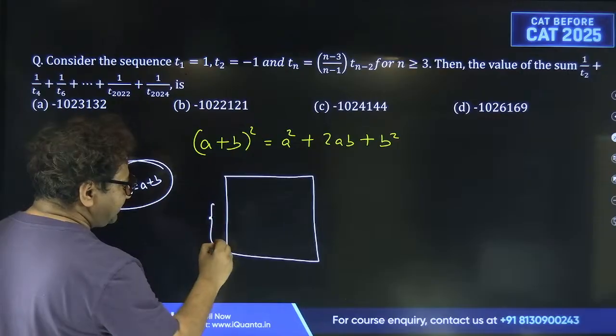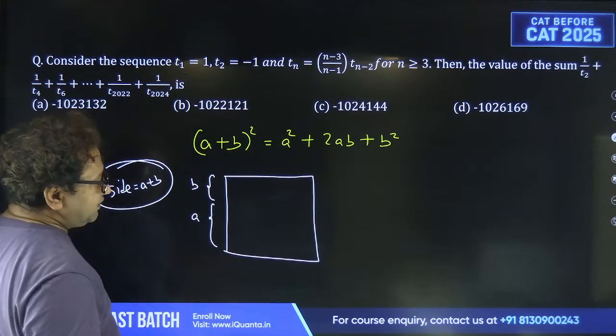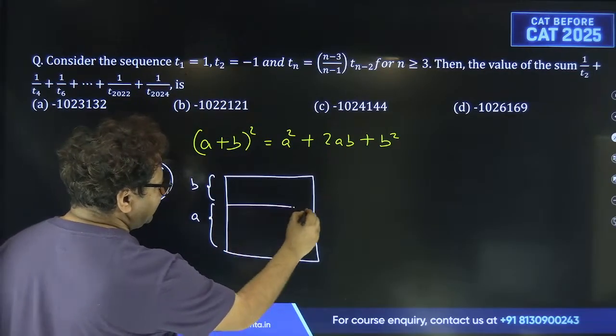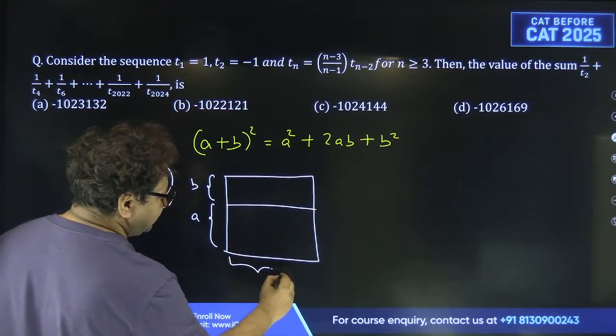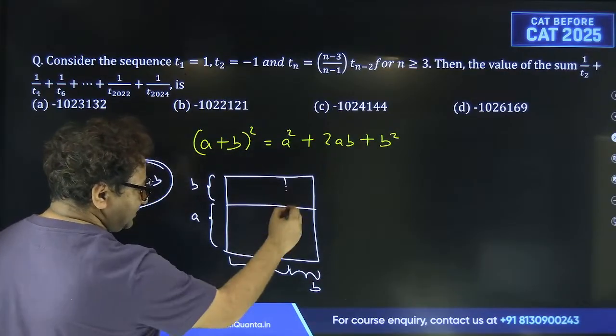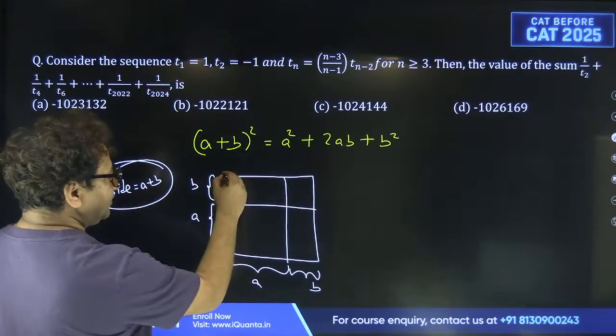Let's say this much is a and this much is b. All right. Similarly, if I draw a line like this, let's say this much is a and this much is b, and draw a line like this as well, then what's going to happen? Do you see this? This is very beautiful.